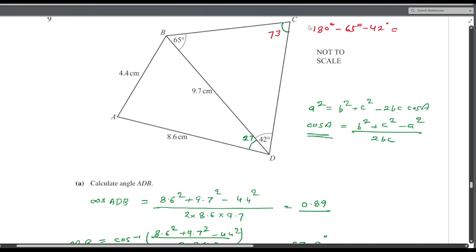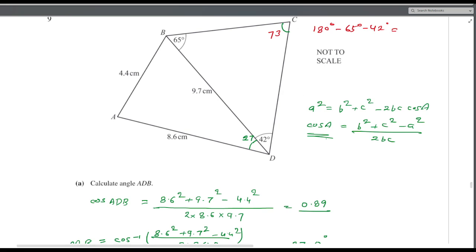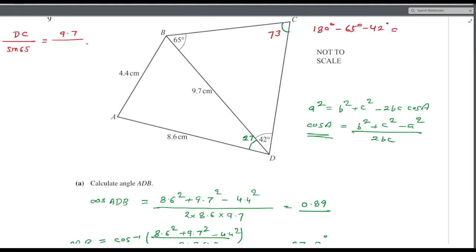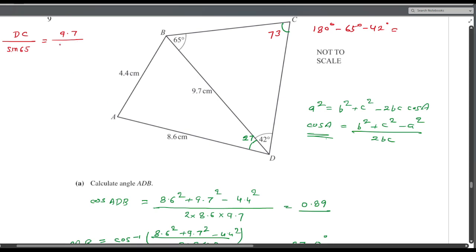Now to find DC I can use the sine rule. DC divided by sine 65 is equal to 9.7 divided by sine 73.